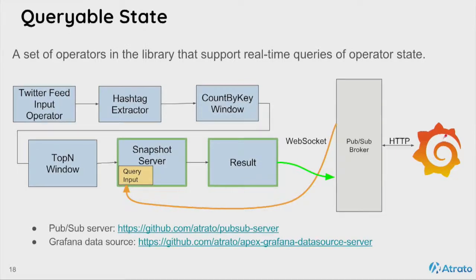And here on the right side, we have then the Grafana dashboard. This PubSub server is just simple. On one side, it's WebSocket. It's a gateway from WebSocket to HTTP. The data can be taken from WebSocket directly too, but it's much easier to deal with HTTP from a front-end perspective. You can look at these pieces too there in GitHub.